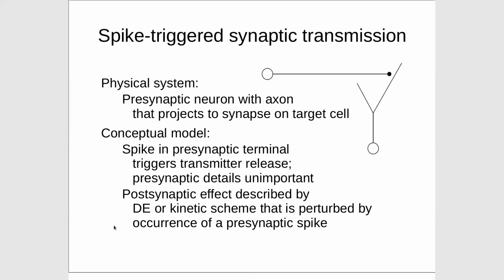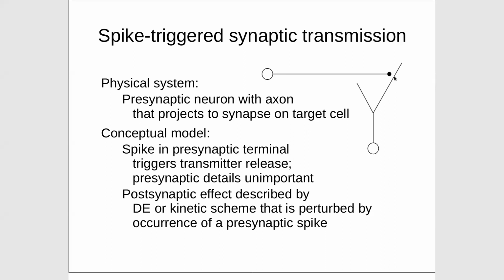Our conceptual model is that the spike in the presynaptic terminal is important, and it triggers transmitter release. And the presynaptic details of what's going on in that presynaptic terminal aren't important. But we're going to have to simulate the time course of membrane potential along that entire axon if we maintain this detailed conceptual model.